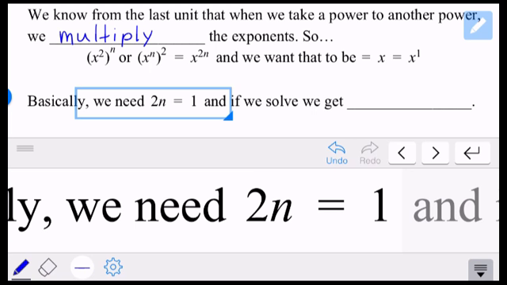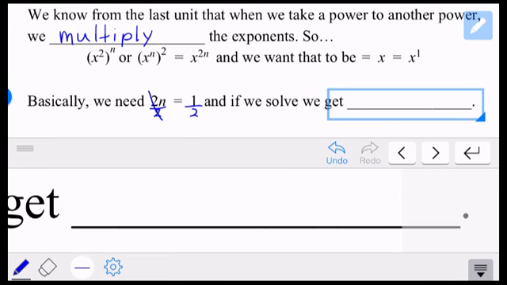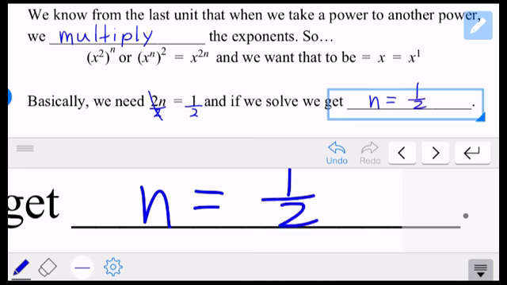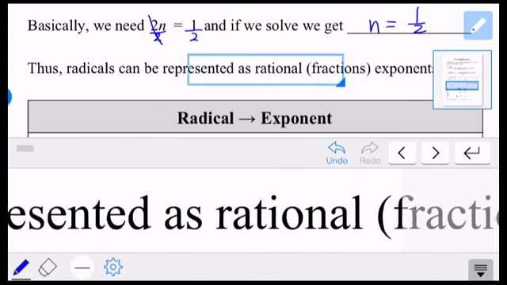So what does that mean that n needs to be? Well, if we solve it, we would have to divide by 2 on both sides, and then the 2's would cancel, and we would just have n equals 1/2. So that's what we want our exponent to be, 1/2.